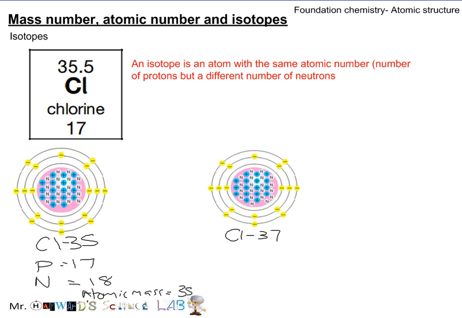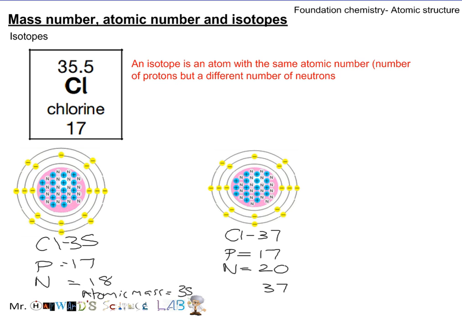Whereas chlorine-37 still has 17 protons. If it didn't have 17 protons, it wouldn't be chlorine. And it has 20 neutrons, so it has a mass number of 37. So as you can see, the electrons and protons are the same. It's the neutrons that differ. And this links into the second part of our second learning objective, looking at how the properties are the same in different isotopes. Okay, these are different atoms. They're the same element, but different atoms.